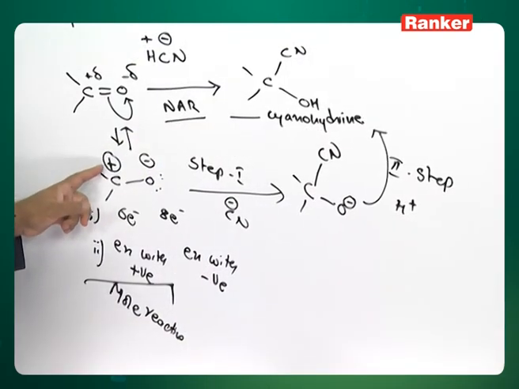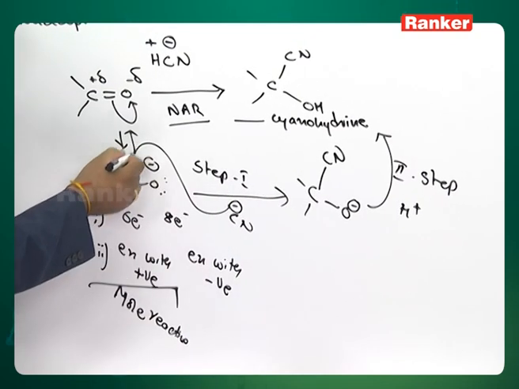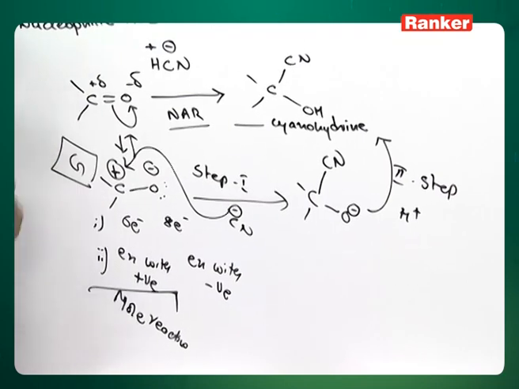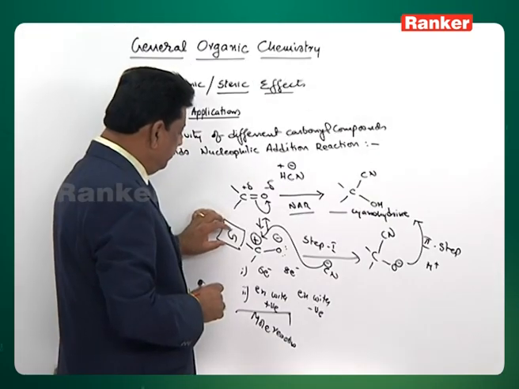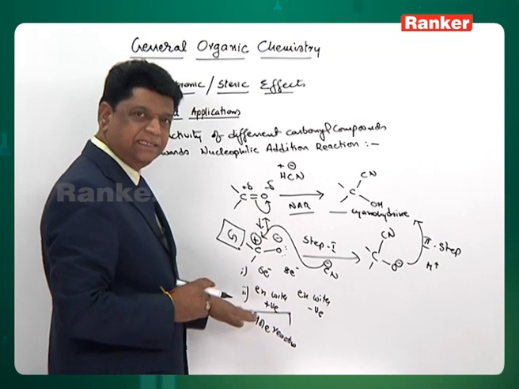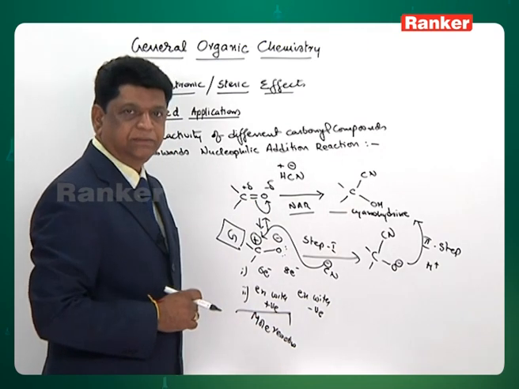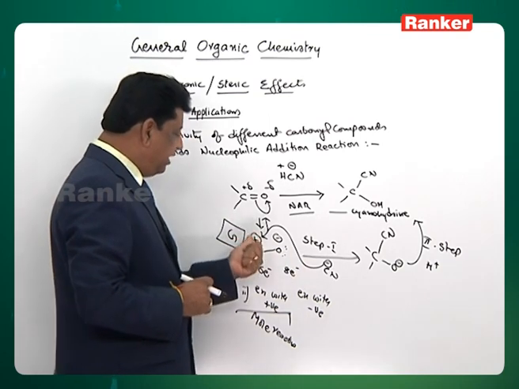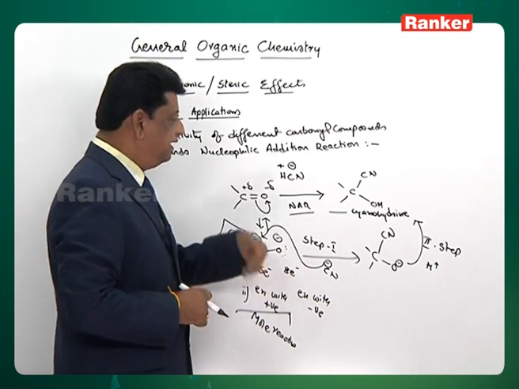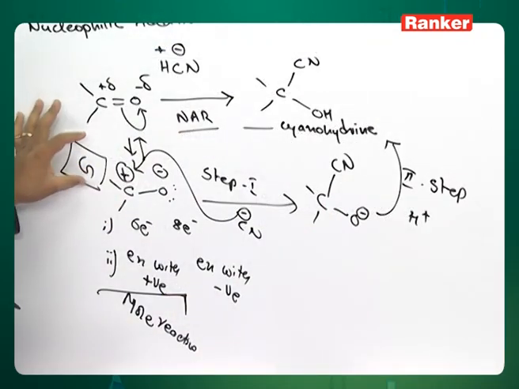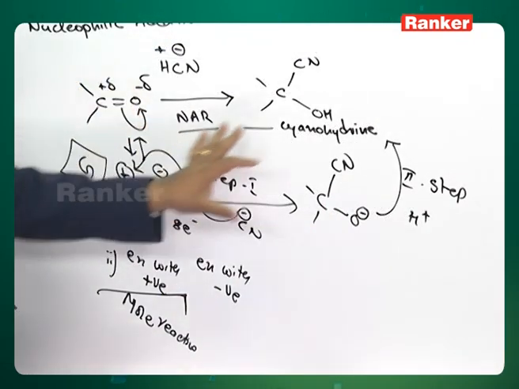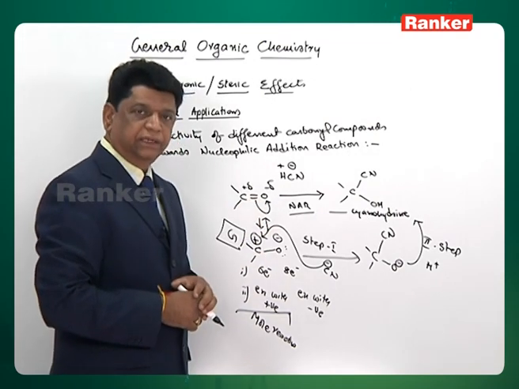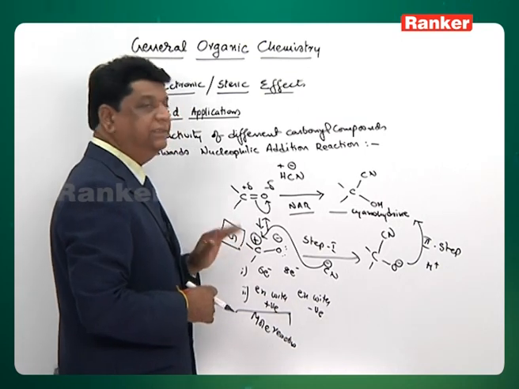When will this reaction become easy? Whenever the plus is more, the cyanide minus attacks readily. If we have a group here which will make the positive charge less, then the reaction will become slower. If the group makes the positive charge more, cyanide also attacks more easily, then the reaction will become faster. So, depending upon the group, the reactivity of the carbonyl compound towards HCN or nucleophilic addition reaction will become fast or easy, isn't it?